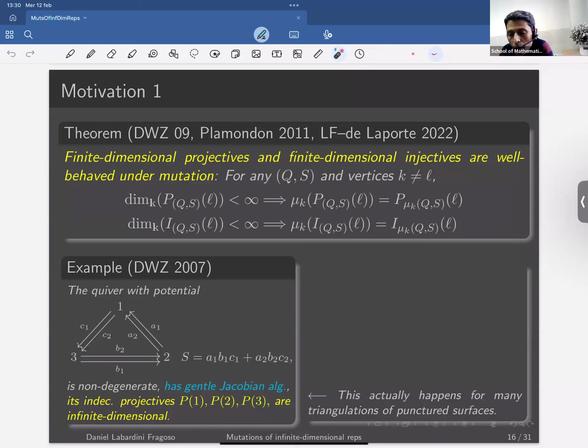But my question was about some other example, for example, the gentle case or some other.